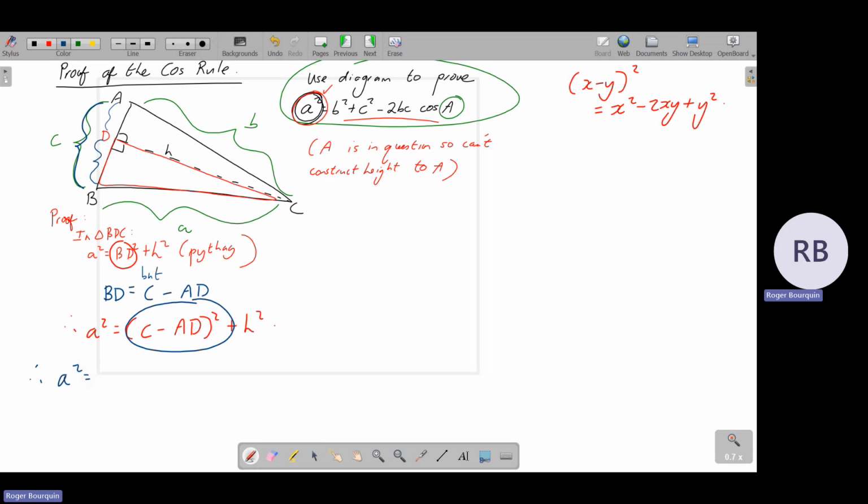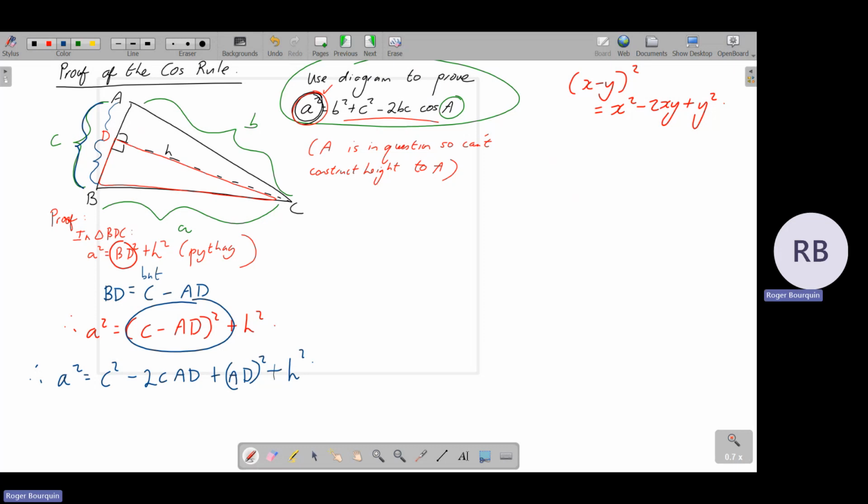Then a squared is equal to c squared minus 2c AD plus AD squared, plus H squared.